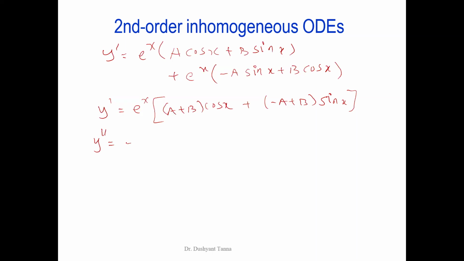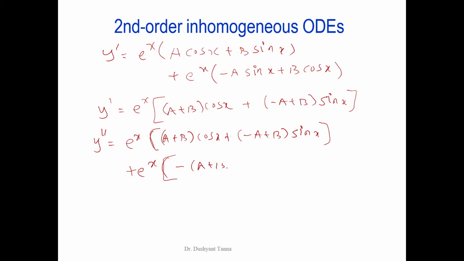Now talk about y''. The derivative of e^x is e^x, we are not doing anything here. e^x (a + b) cos x plus (-a + b) sin x, and now the derivative of the bracket: e^x (-(a + b) sin x + (-a + b) cos x). Again simplified, e^x.